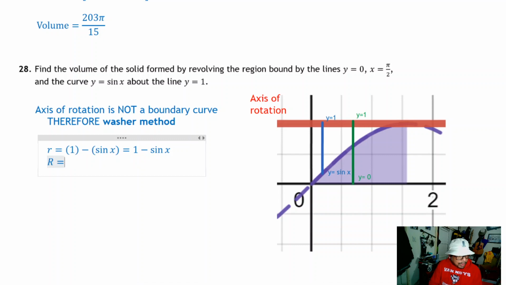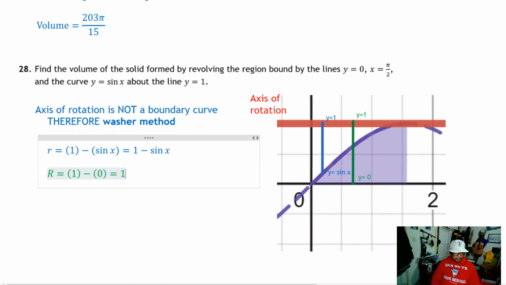Now my larger radius is a little easier for us. Our larger radius is going to be the y-coordinate on top, which in green you can see is 1, minus the y-coordinate at the bottom, which is always going to be y equals 0, which of course means that my large radius is always going to equal 1. All right, let's square our radii.